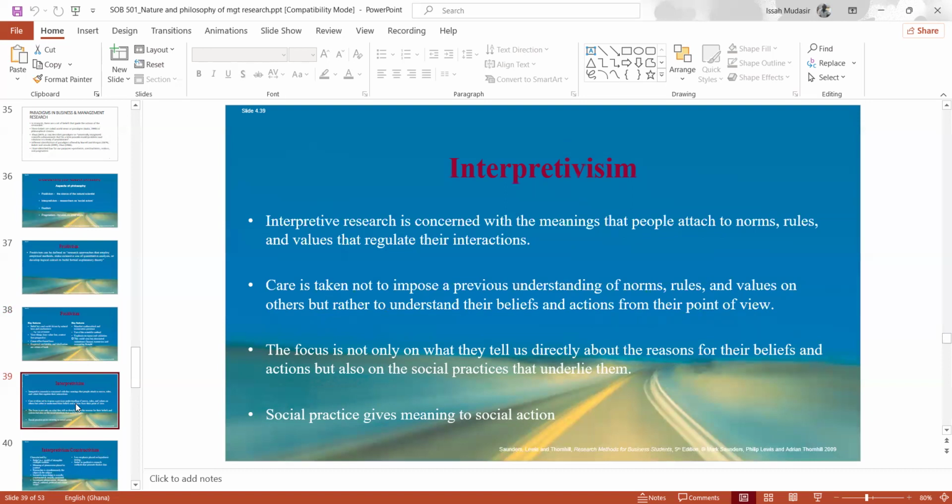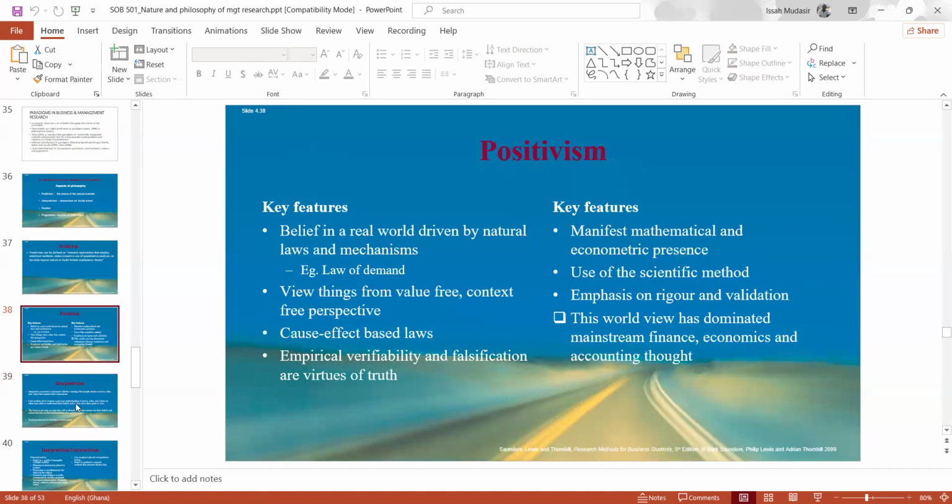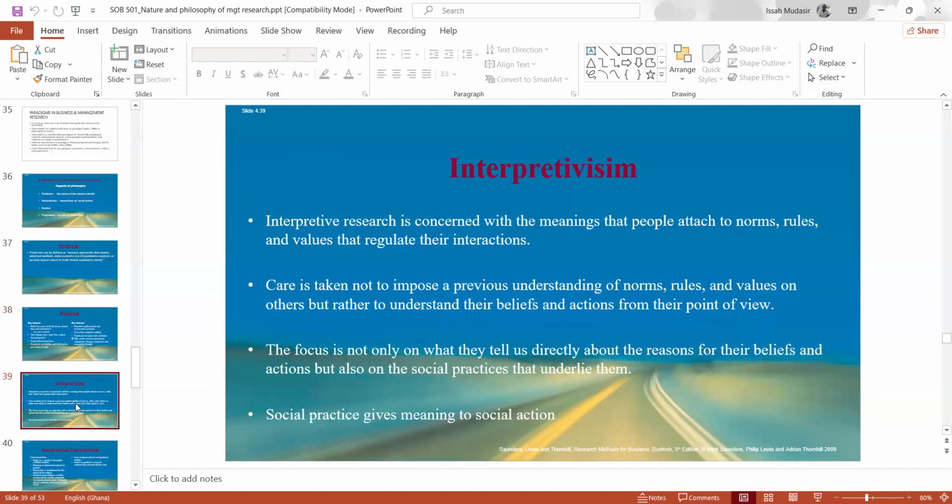Because what works in US, if you bring it to Ghana, it will not work. What works in one community, if you take it to another community, it will not work. So they believe that you cannot pursue research solely from a purely objective lens. We call that interpretivism or constructivism.